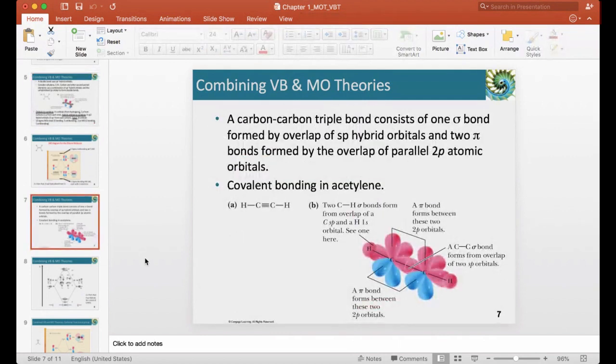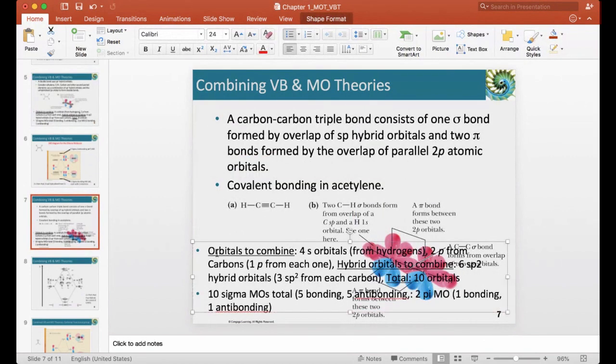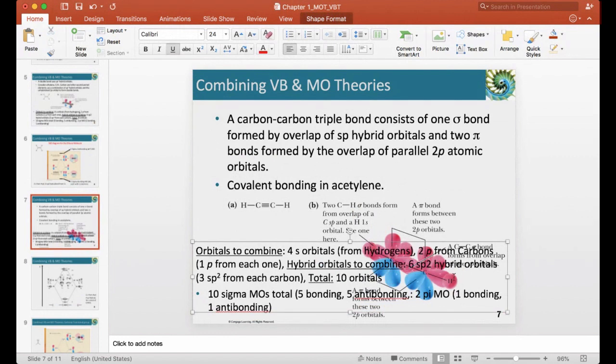Okay, so I'm going to say here, first of all, total orbitals to combine. We have 3 sigma bonds, one here, and one here. Okay, so in these 3 sigma bonds, we have 2 hydrogens, so 2 s orbitals from hydrogens. And then we have hybrid orbitals to combine.